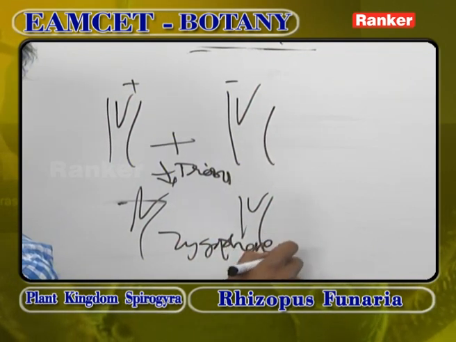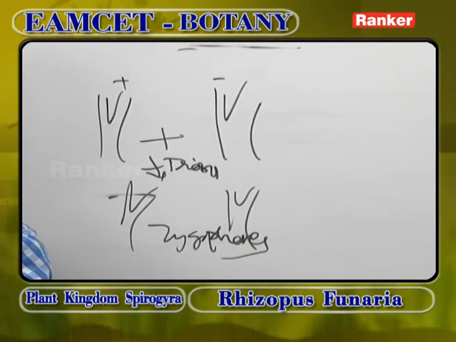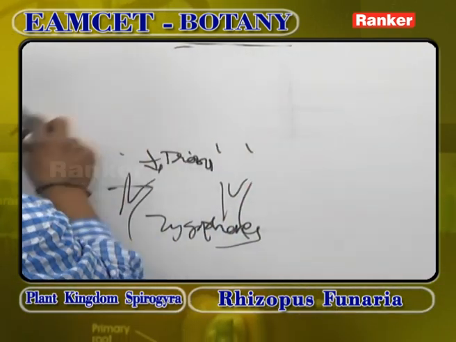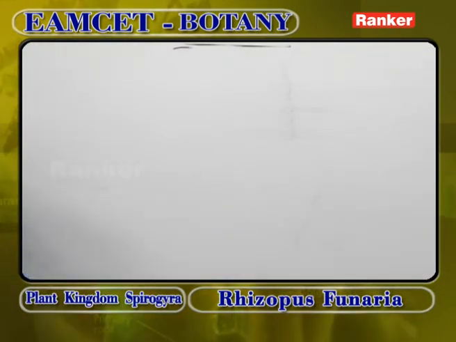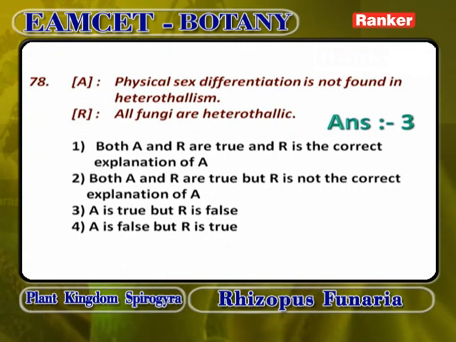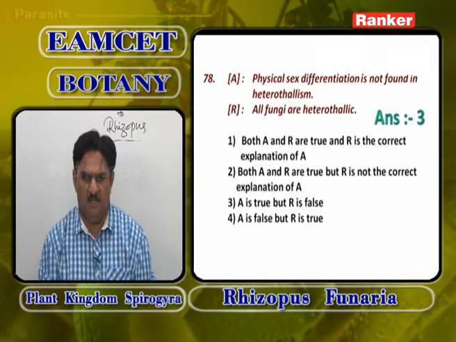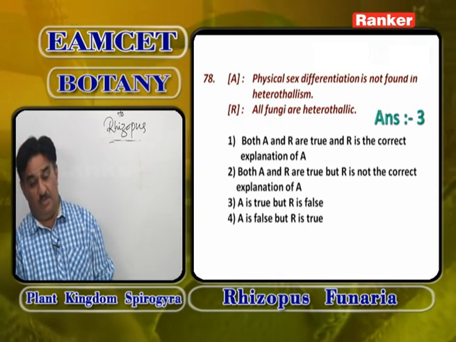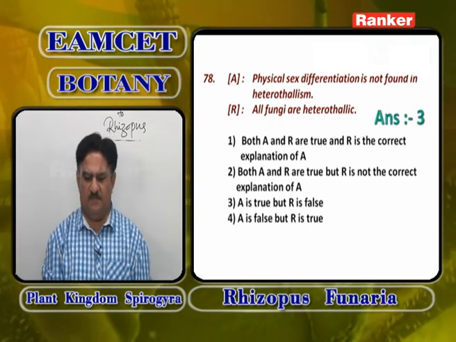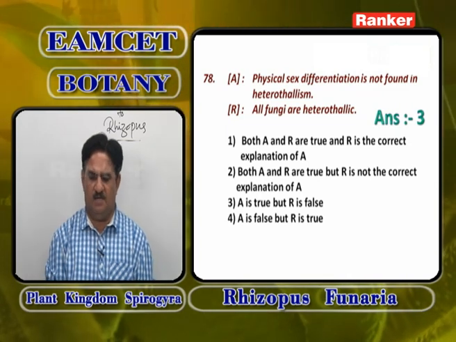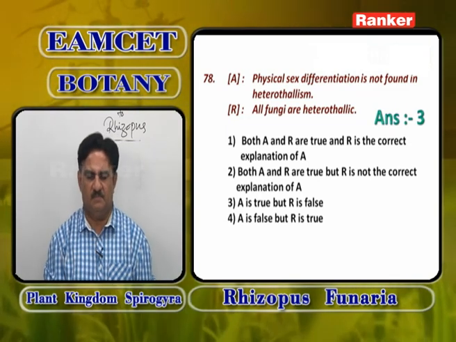Here also there is no differentiation. Differentiation comes only when plus and plus come close, they don't fuse. Minus and minus come close, they don't fuse. Plus and minus come close, only then they fuse. So, physical sex differentiation is not found in heterothalism is correct.